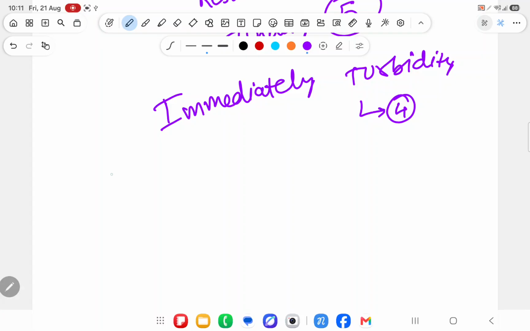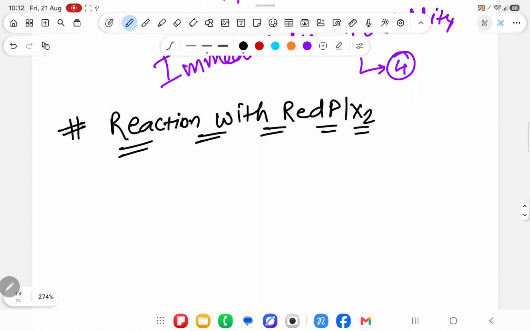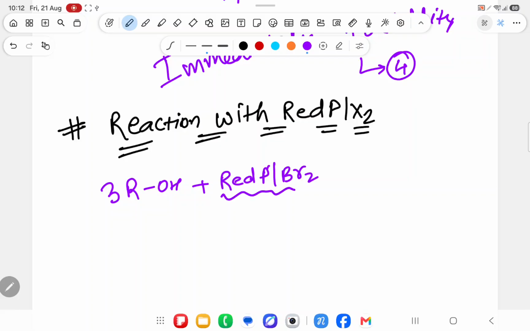Okay sir. Now the next part is the reaction detailing I am doing, understanding? Reaction with red phosphorus in presence of X2. What happens when red phosphorus reacts in presence of X2? Over here you have to take 3 mole of alcohol that will react with red phosphorus and Br2, which can also be written as PBr3.